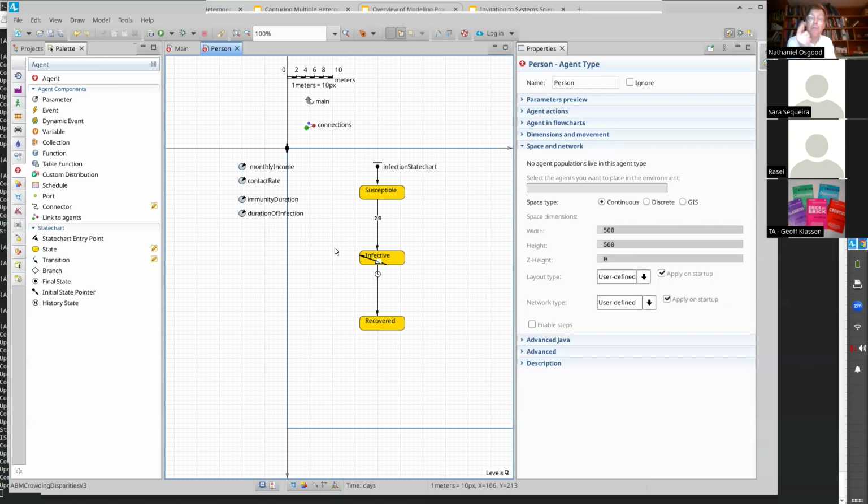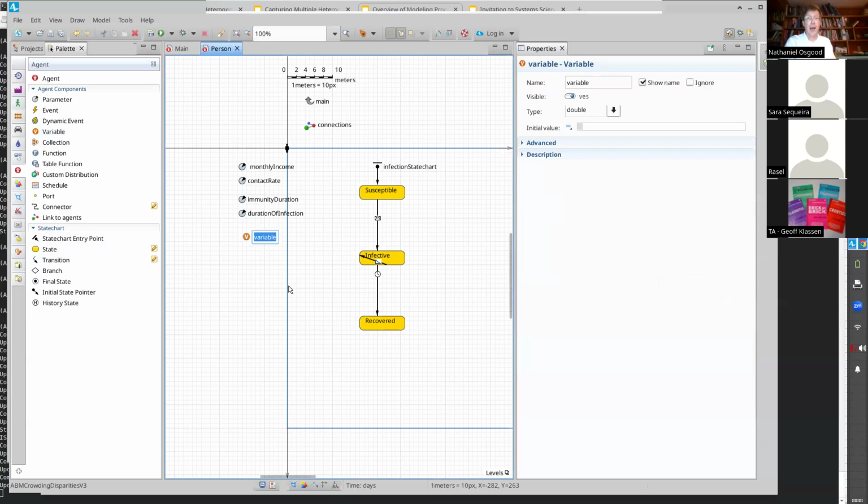We need to add a variable first. Yeah, we add a variable of type what? Type color. So this is their infection. I'm going to call it infection color, and I'm going to put a U, but you don't have to do that if you don't want to.